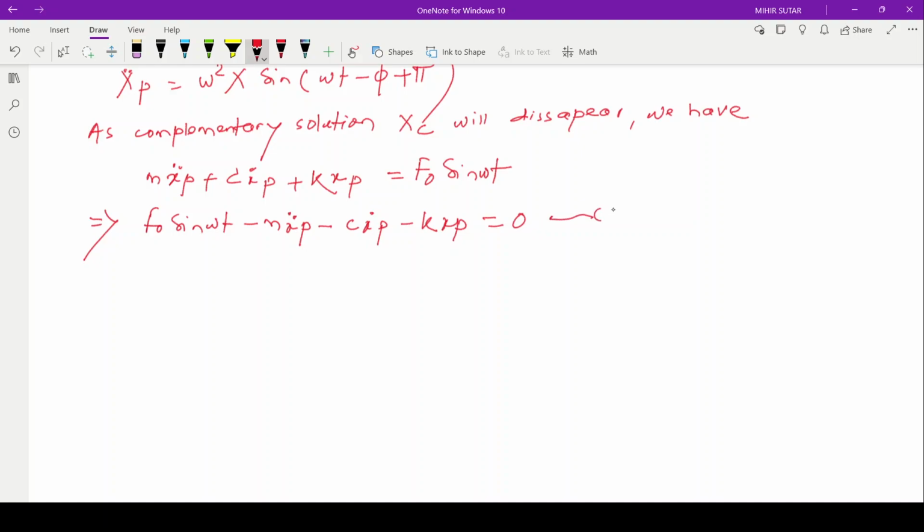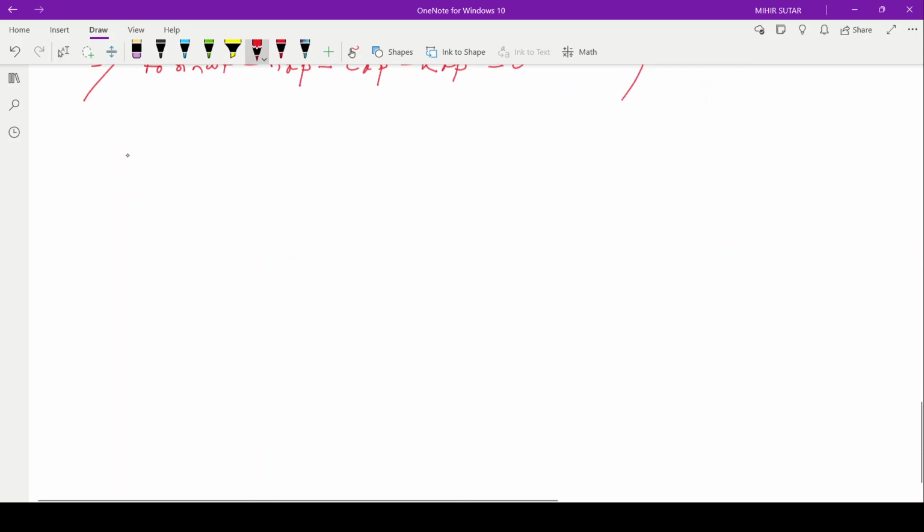Let this be equation 3, where this F0 sin omega t is the impressed force, or external force.